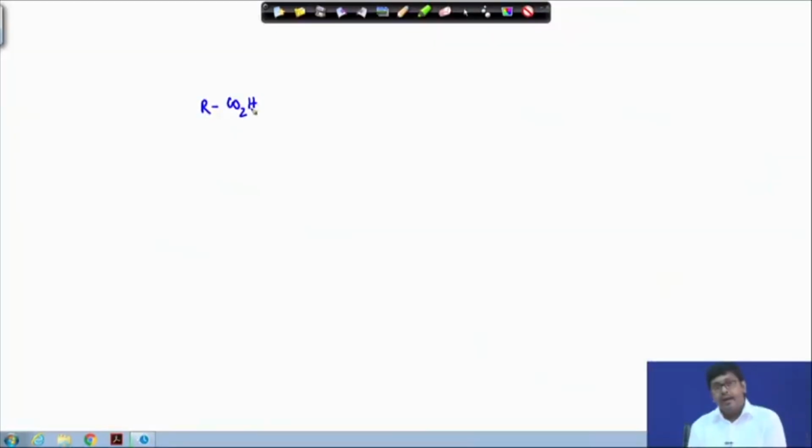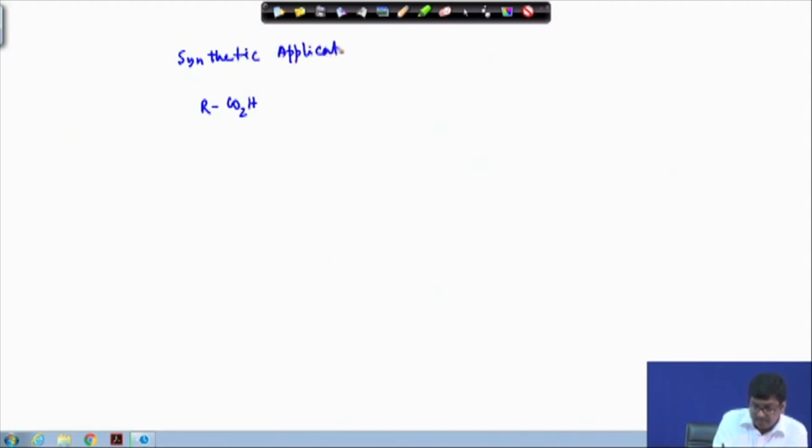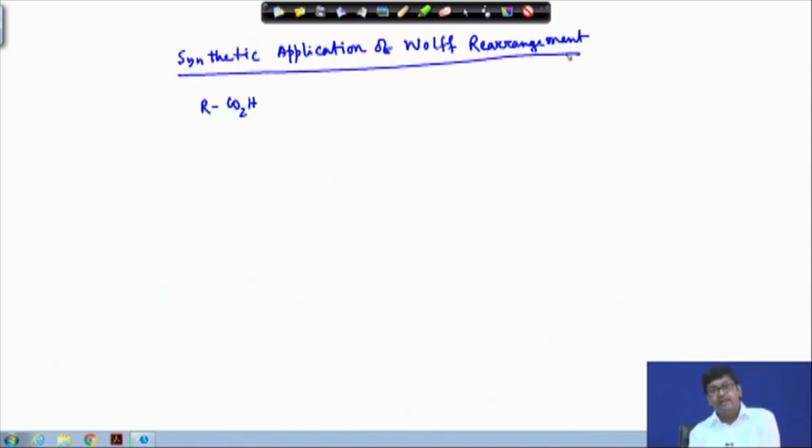So, now if we start with a carboxylic acid, we want to see the most important synthetic application of the Wolff rearrangement. Let us say we have started with this carboxylic acid.